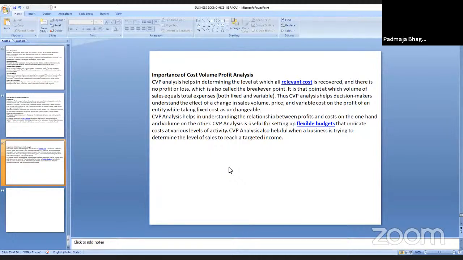So CVP analysis is useful for setting up the flexible budget, and it indicates the cost at various levels of the activity.